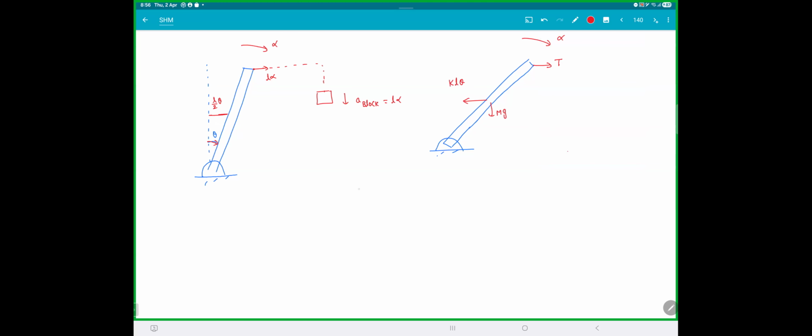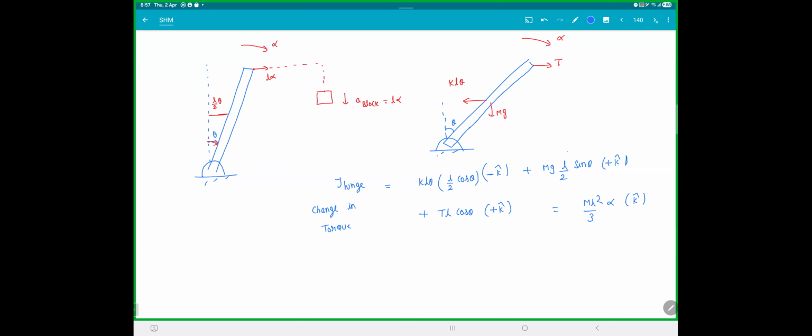Mg's torque is mg L by 2 sin theta, plus k cap. So even though mg is not changing, mg's torque is changing. So we have to include it. The tension's torque will be plus T into L cos theta. That is also k cap. This is equal to I about the hinge, which is mL square by 3 alpha, k cap. Directions are important.